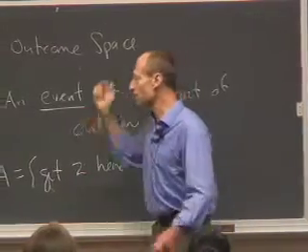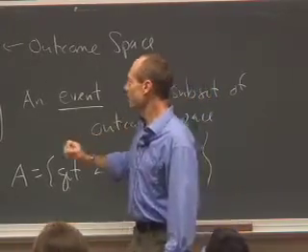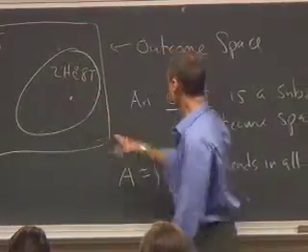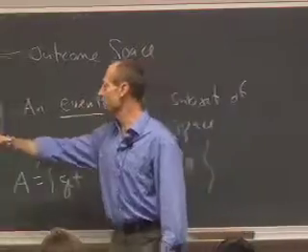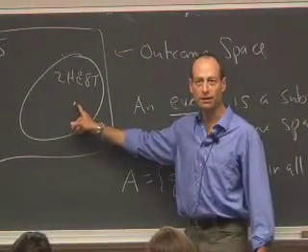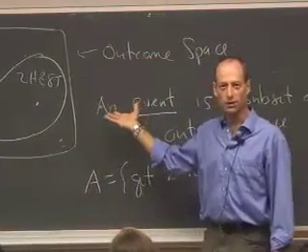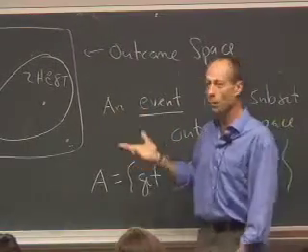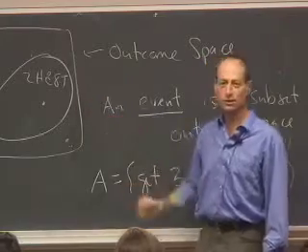All right, so I toss 10 coins, and if what happened was I got one of the sequences that contains 2 heads and 8 tails, then the dart stuck in this event, which is exactly 2 heads happening. If the dart stuck outside there, that event didn't occur. Okay, so lots and lots of different events. So what about the event that you get at least 1 head? How would that be represented here?